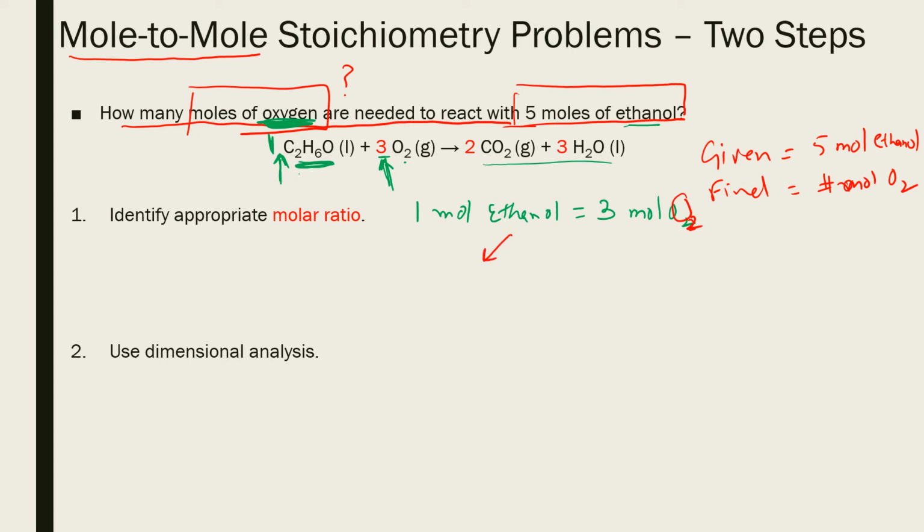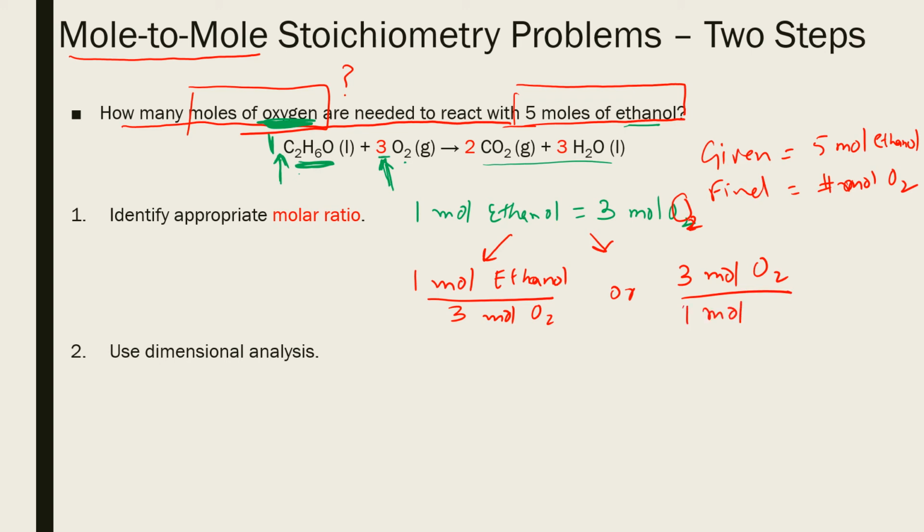So we get 2 conversion factors. One will be 1 mole ethanol on top and 3 moles oxygen at the bottom, or the second, where the oxygen is in the numerator and ethanol is in the denominator.